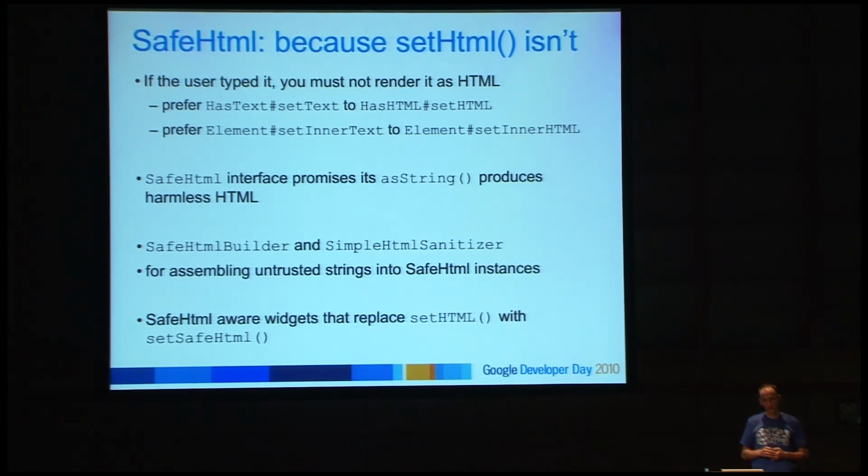So another approach is to use safe HTML to sanitize or clean up the HTML and remove any dangerous things like script tags. This is a very complicated problem with a lot of edge cases. And so it's important to have a well-tested framework that people can vet for any problems. And this is what we hope safe HTML should be.